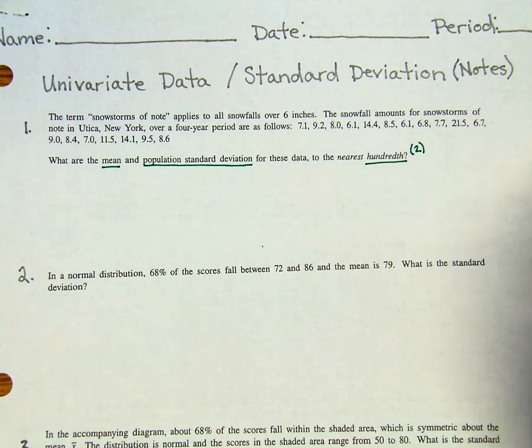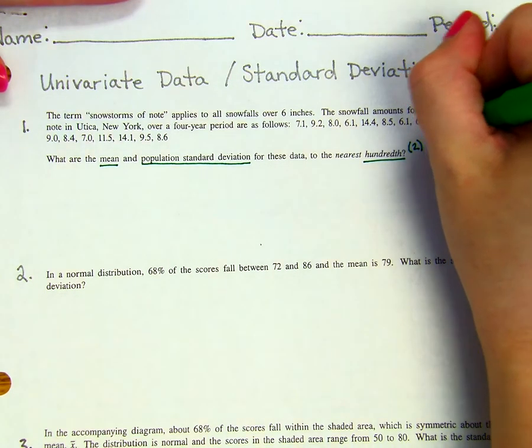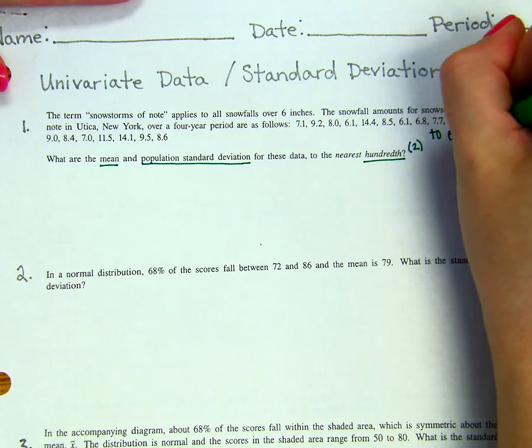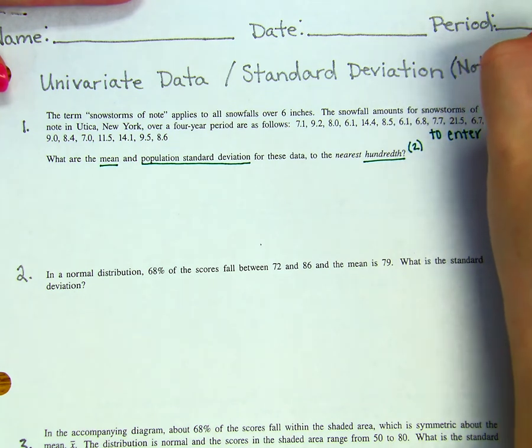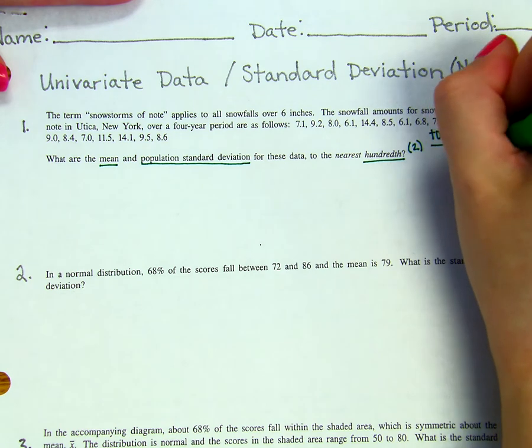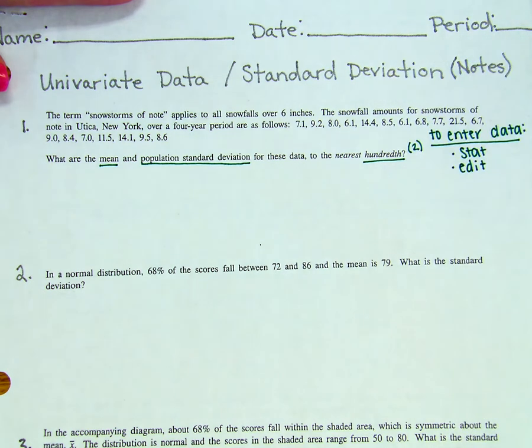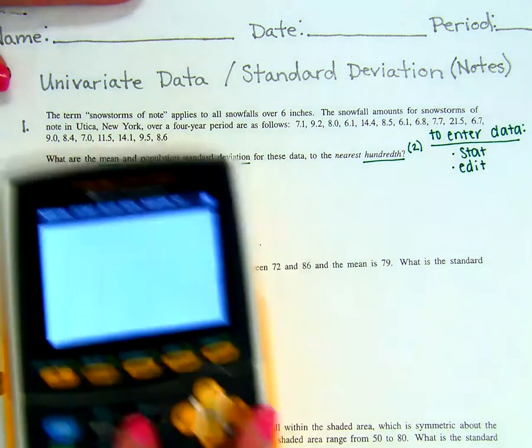We are going to rely on our calculator here to help us find the mean and standard deviation. So just like we did before, to find our 5-number summary, we are going to enter the data into the calculator by pressing Stat and Edit. Okay, so we can go ahead and press Stat and Edit.